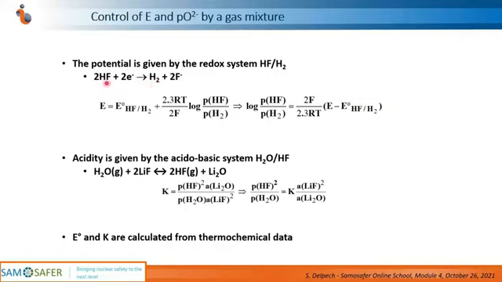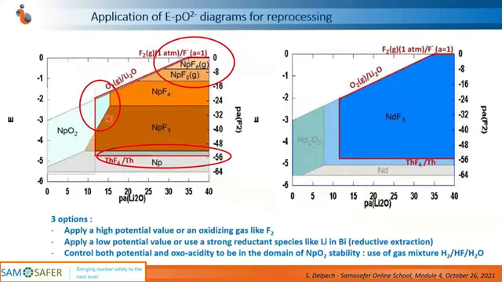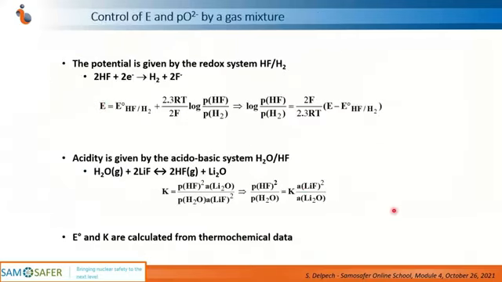That is the reduction of HF to hydrogen, or the equilibrium constant of the equilibrium between water and HF. In this case, we can deduce a composition which is of interest to apply one potential and one oxoacidity.